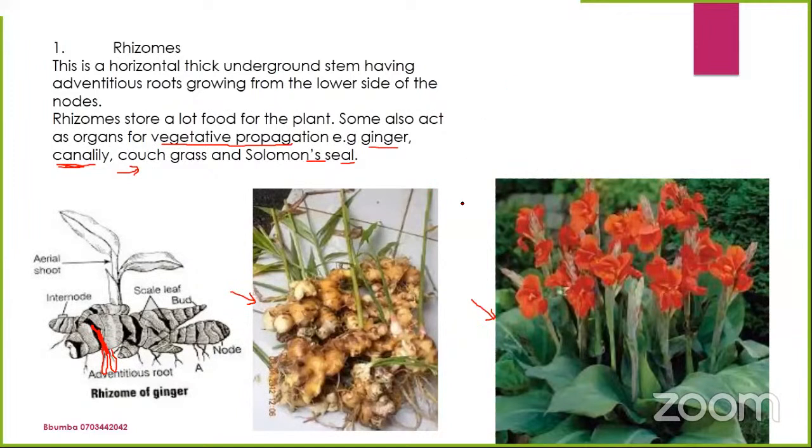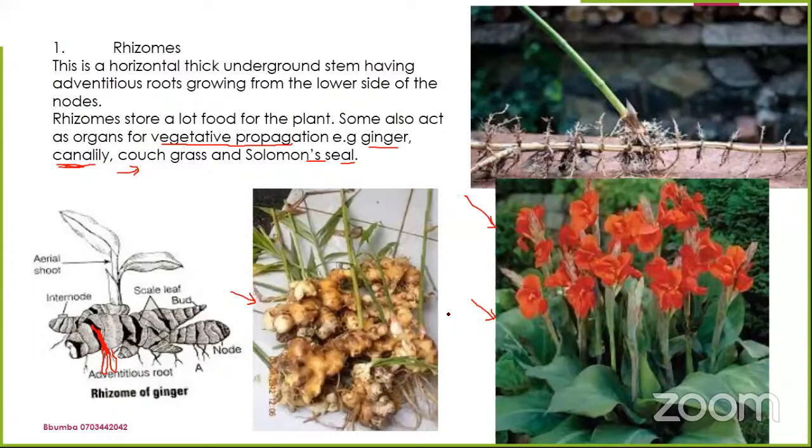The picture that you are seeing here is the canna lily. I brought this picture because this is what you can easily see to identify it. But I did not bring the picture of the underground stem, how it looks, but it looks basically like ginger.